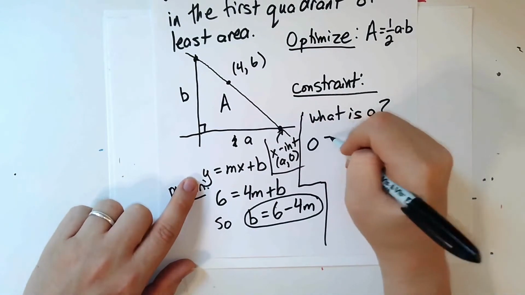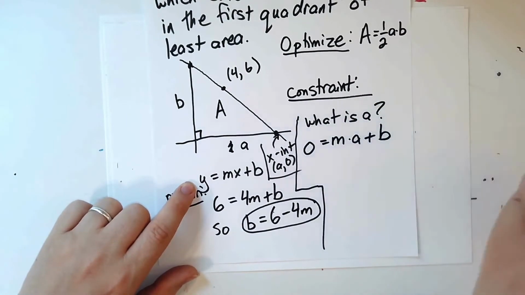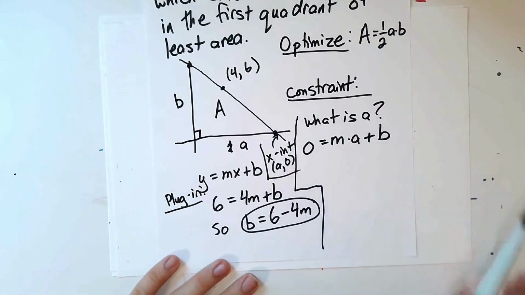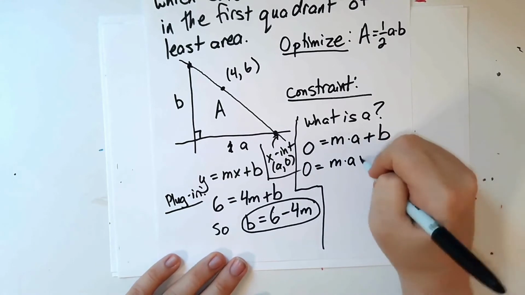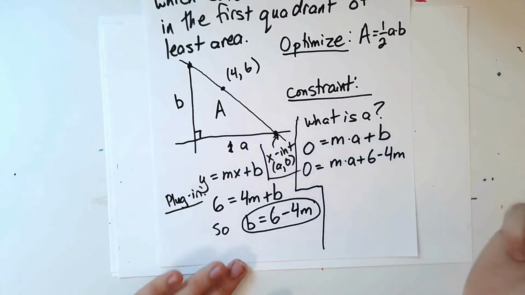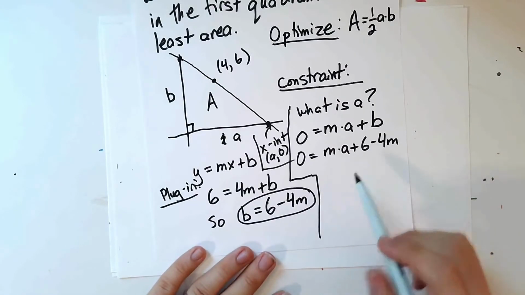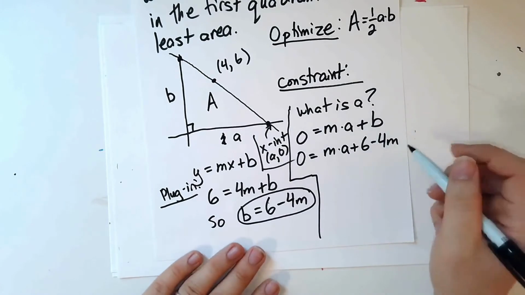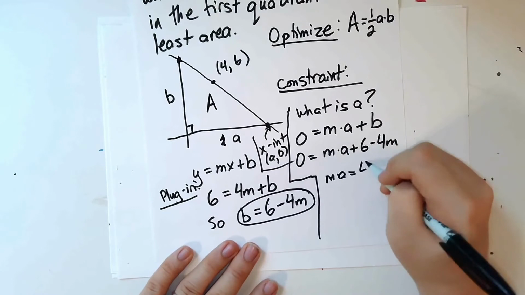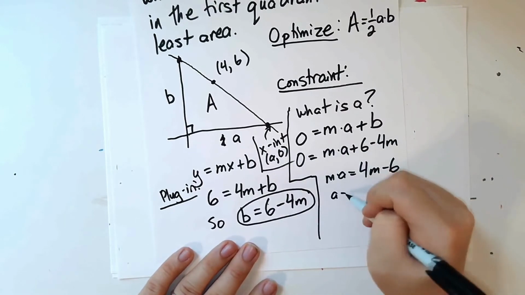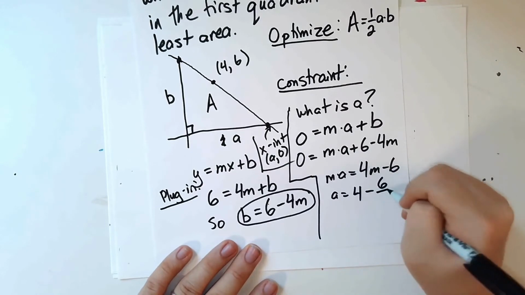So I'm going to get 0 is m times a plus b, but b is 6 minus 4m, so let's say 0 is m times a plus 6 minus 4m. Okay, and I need to solve this equation for a, because I wanted to know what a is. So that's to say m times a is 4m minus 6, which is to say that a is 4 minus 6 over m.